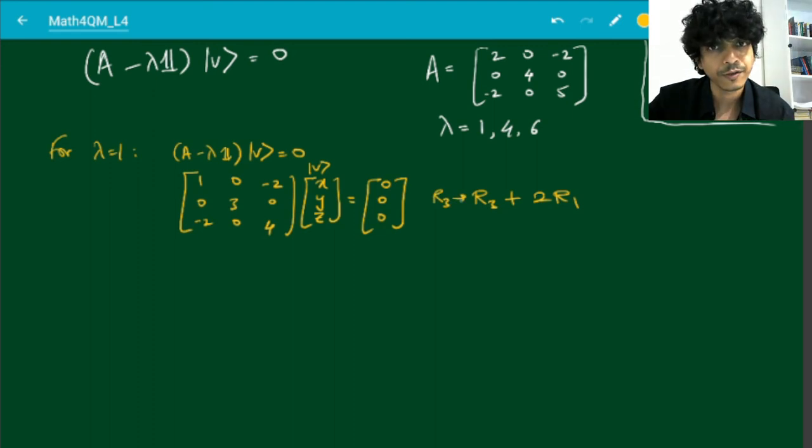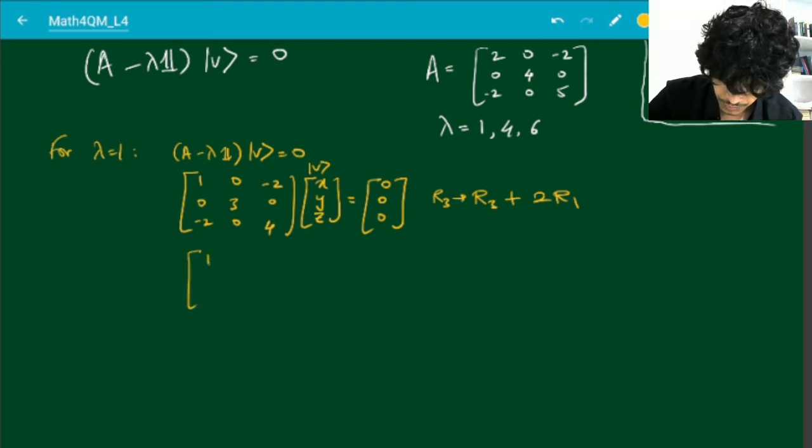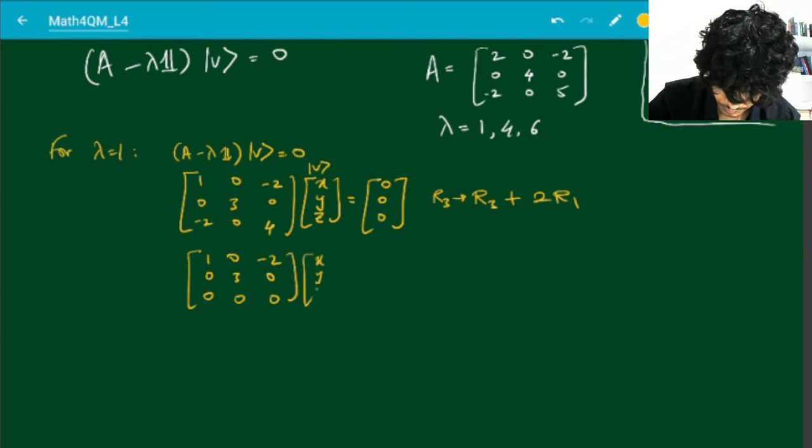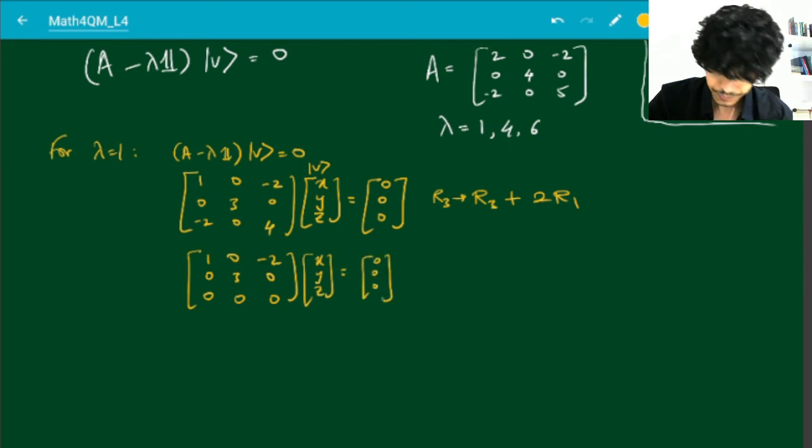You've done elementary row transformations for matrices, I'm assuming. So this becomes 1 0 minus 2, 0 3 0, and minus 2 plus 2 times 1 is 0, 0 plus 2 times 0 is 0, 4 plus 2 times minus 2 is 0. Okay, so from this we are ready to solve these equations.